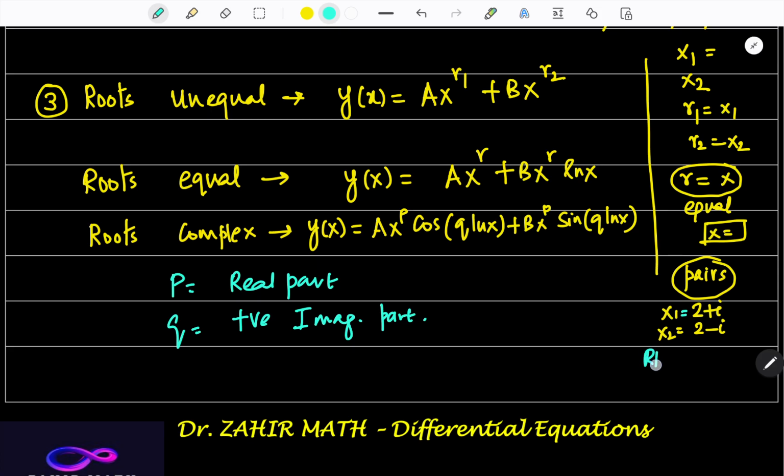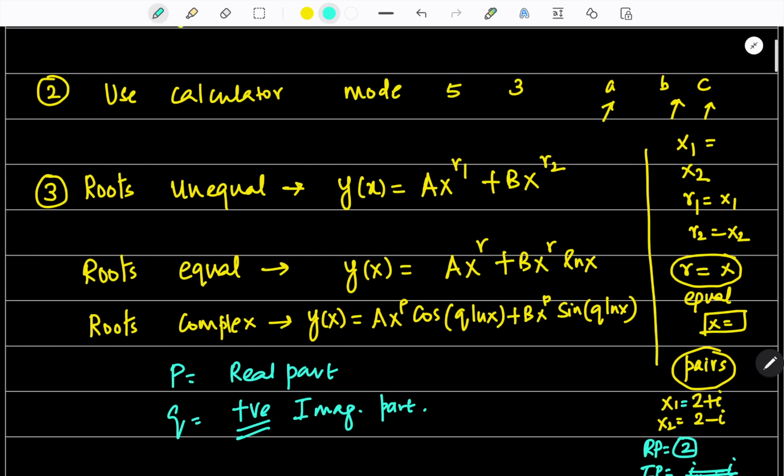What is your real part? Real part means without i, that is 2. What is your imaginary part? The imaginary parts are i and minus i, but you have to take only the coefficients, 1 and minus 1. But I said q is the positive imaginary part, so your q is equal to 1. All these rules you need to memorize.